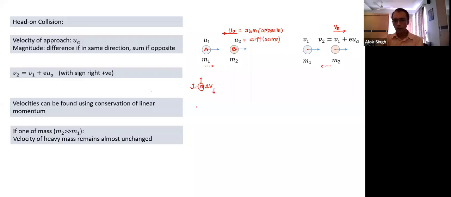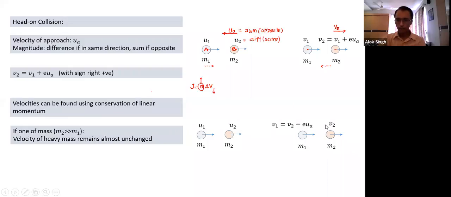So how do we convert this into the form of an equation? Let's see what will happen here. If m2 is much heavier, and the initial velocity of the second mass was u2, then v2 also will be equal to u2. This we can take as if it remains unchanged. In that case, I can say it in two ways.